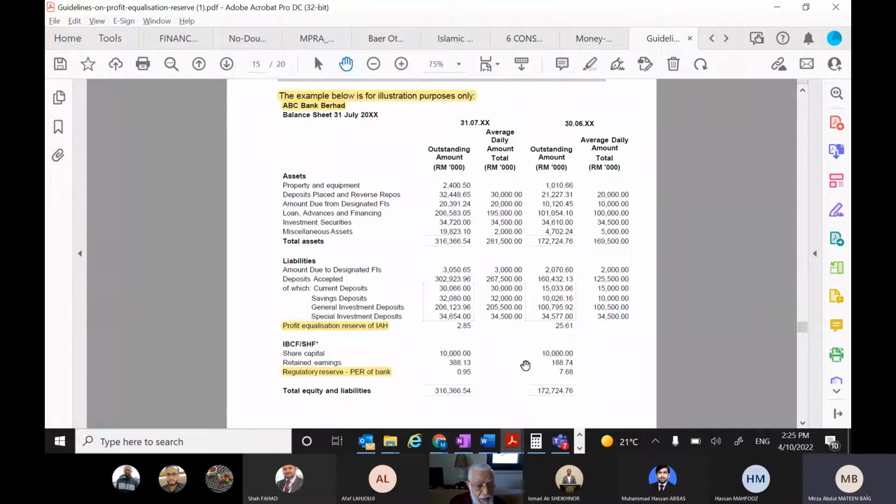And the profit distribution will be done in the ratio of 90% to 10%. 10% goes to the bank as Mudarib, and 90% usually goes to the owners of this deposit.